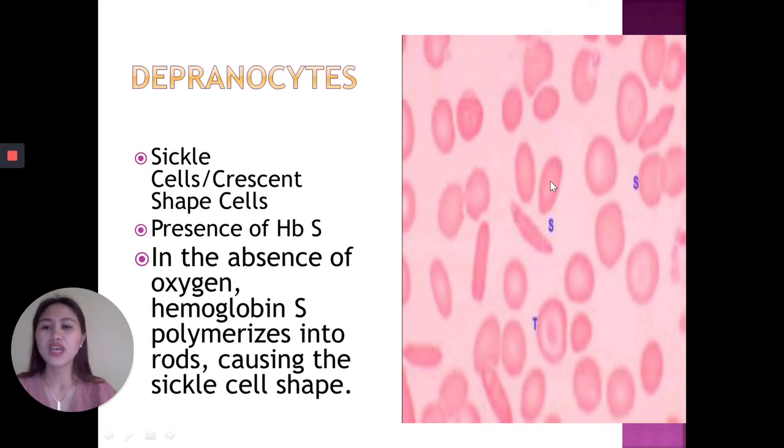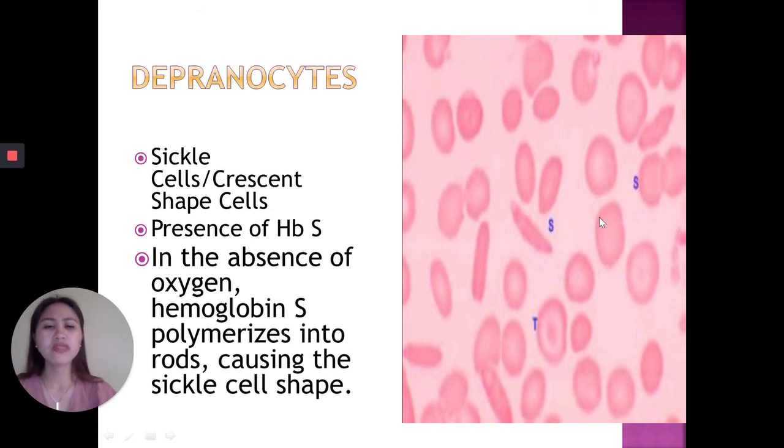It is due to presence of hemoglobin S inside the RBC, and in the absence of oxygen, hemoglobin S polymerizes into rods, causing sickle cell shape.